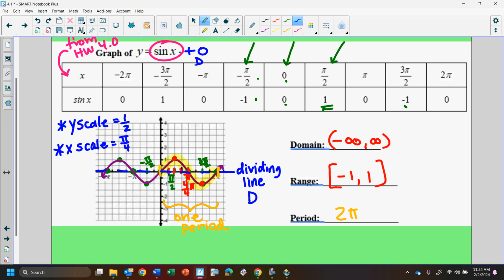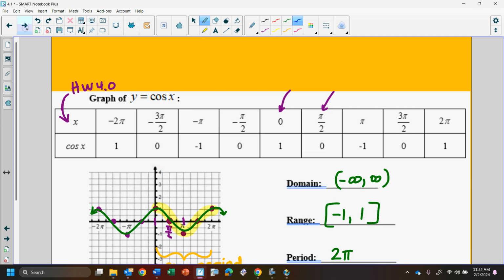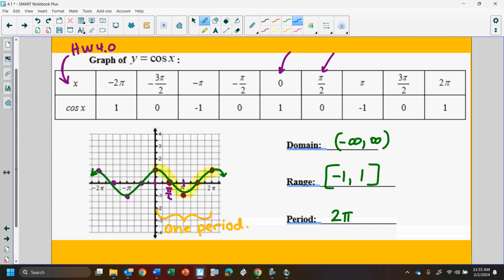All right. Look at your cosine graph. He also has a dividing line, a line that splits him right through the middle. Is it up here at 1? No, his dividing line is right on 0 as well.